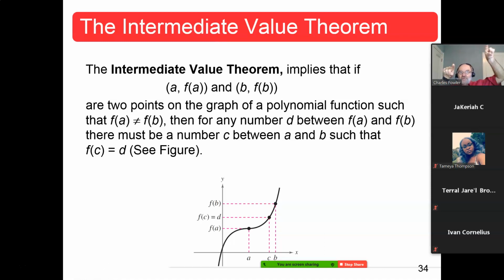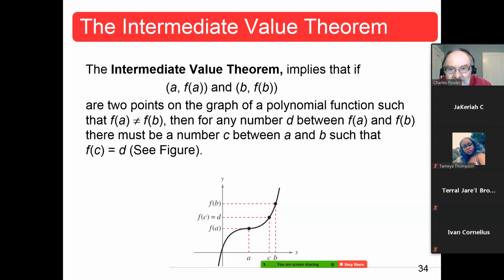If you've got two different y values on a polynomial function, then for any value in between those y values, there has to be an x value in between A and B that gives you that value for y. F of C is equal to D. That's it. The reason it's true is because polynomial functions are smooth and continuous, mostly the fact that they're continuous.